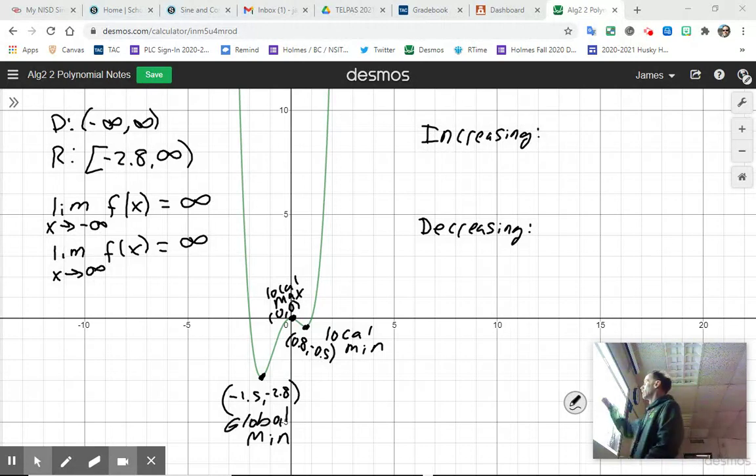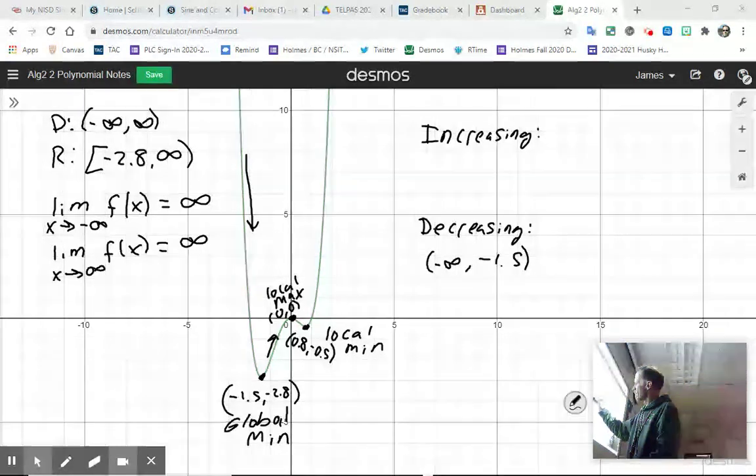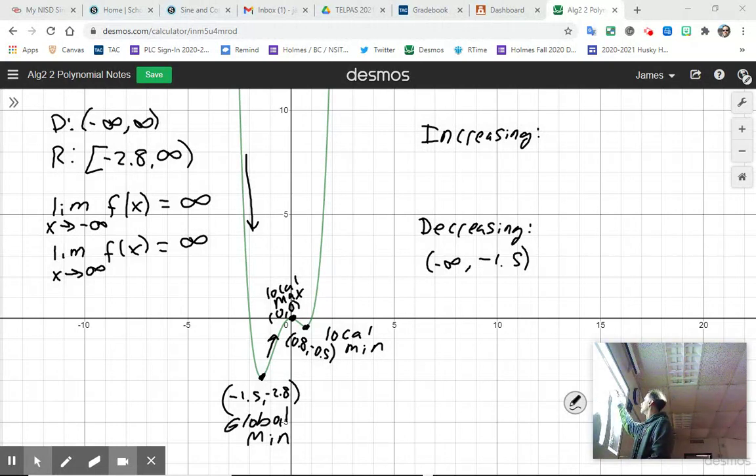So what's my first interval? Well, the first thing it does as we go left to right, it's falling, so it's decreasing from negative infinity until negative 1.5. And we're always using the x value. And then it starts increasing for a little bit. So it's increasing from negative 1.5 to 0.